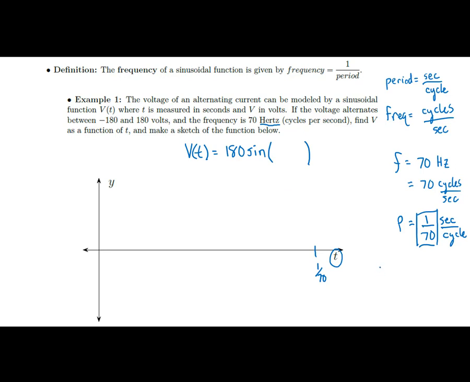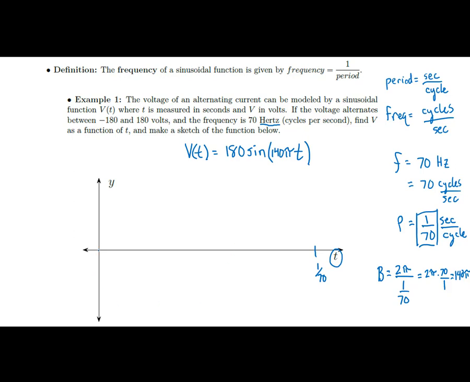So let's keep in mind here that b is equal to 2 pi divided by the period. All right, we've used that formula a number of times. So of course that ends up being 2 pi times 70 over 1, which is equal to 140 pi. So I'm going to put in here 140 pi times t. So that will be my function that governs this thing.